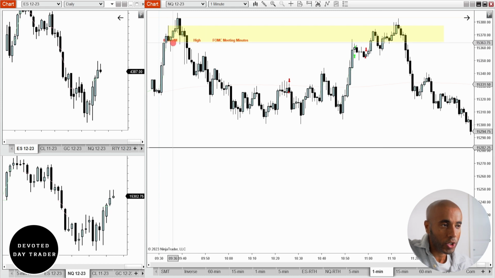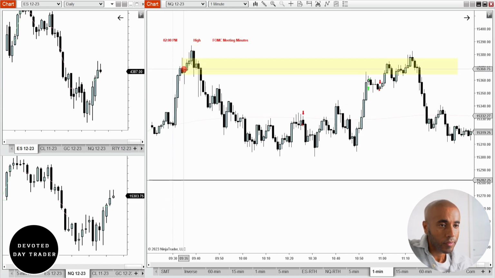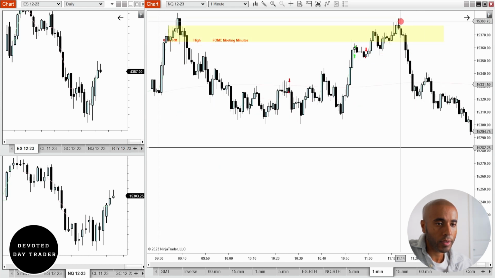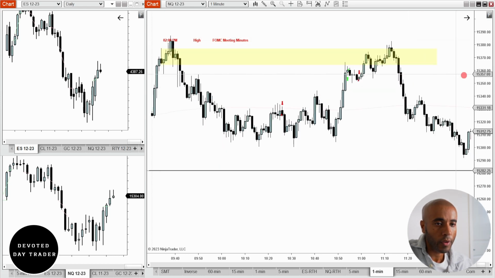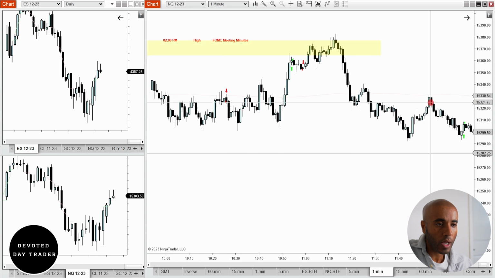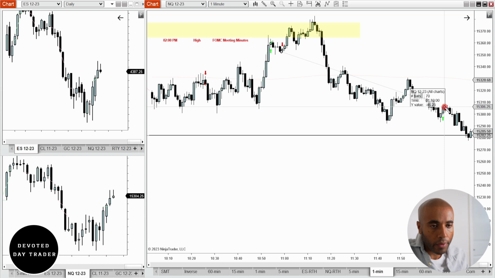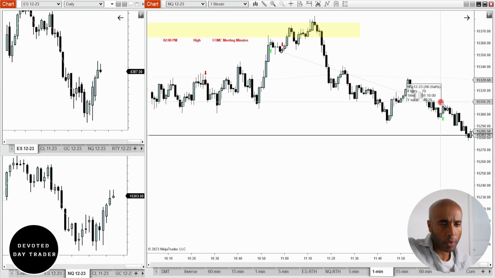But sure enough, this candle worked as resistance, and the market started selling off, and I was able to close out the trade. I closed it out right here, so I got back what I lost plus an additional 20 points or so. From my second entry short to about there, that was 46 points.